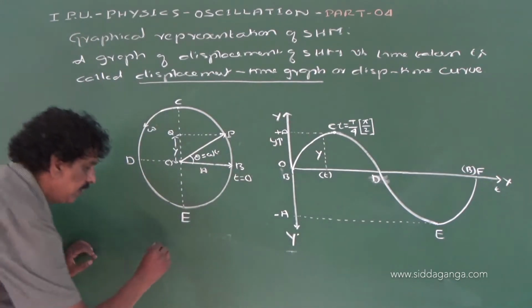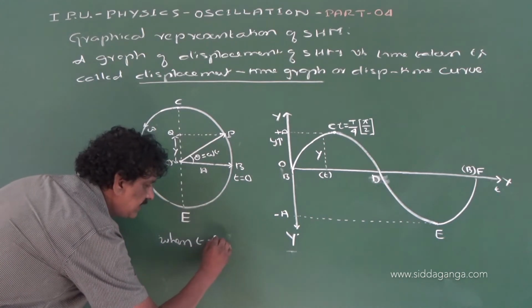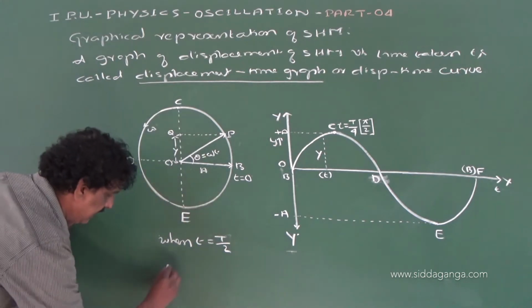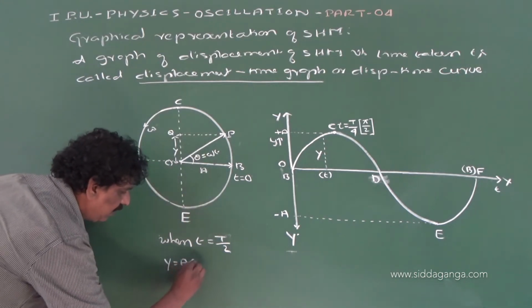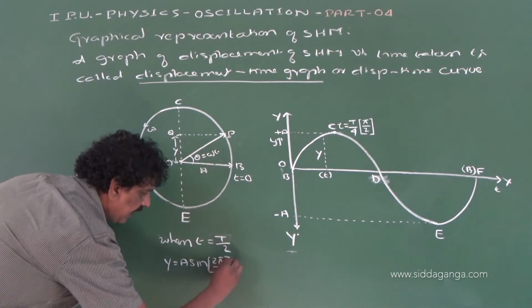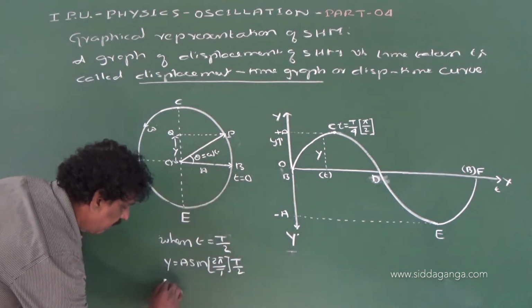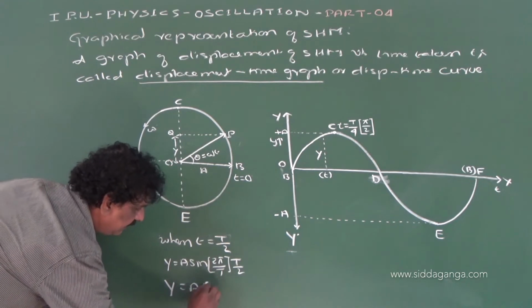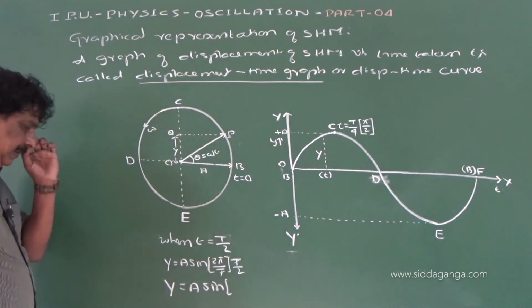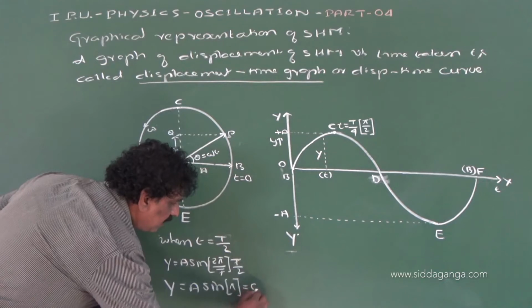Now when time t is equal to T by 2, it has completed half oscillation, y is equal to a sine 2 pi by T into T by 2. T gets cancelled, 2 gets cancelled, so y is equal to a sine pi, which is equal to 0.